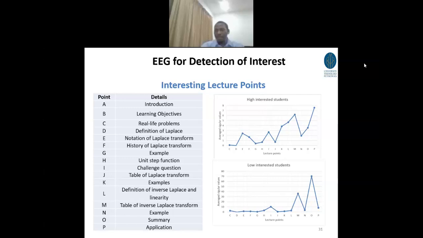Not really sure, because this is just showing the table of inverse Laplace transform. Can we conclude that compact information incites interest in the students? That could be a possibility. That means the fact that everything is summarized in the table, then probably they could find it easy to get the information. That could be.